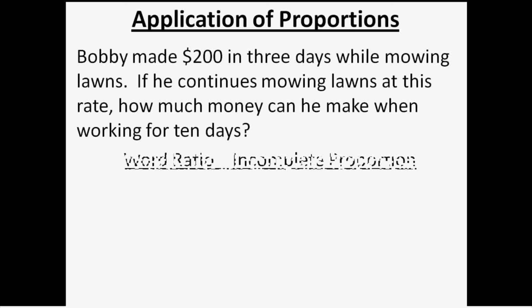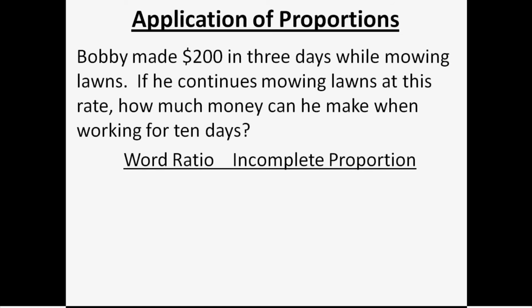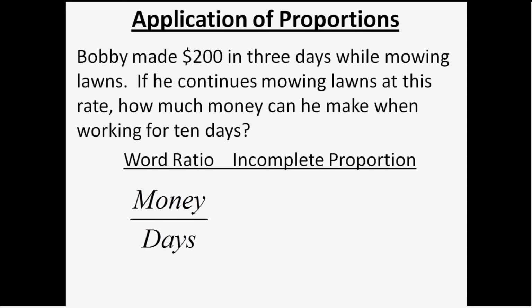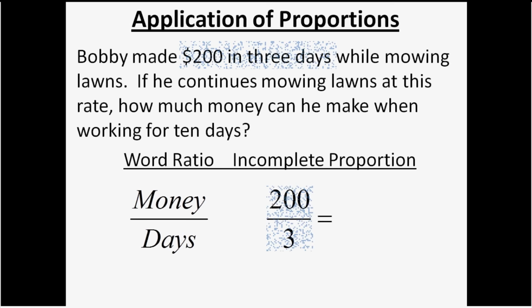What we want to do is set up a word ratio to figure out what values we're comparing, and then we're going to set up our proportion. Well, the words that we're dealing with, the 200 is representing money that he makes, and then the 3 represents the days. So we're dealing with money to days. So our incomplete proportion is going to be 200 over 3, because that's comparing the $200 in 3 days.